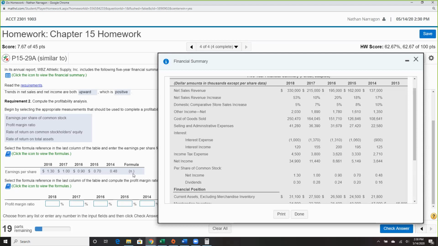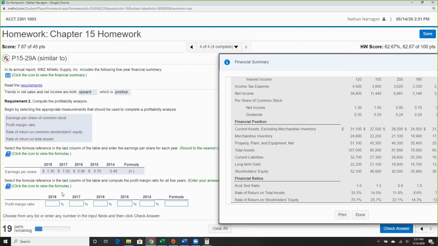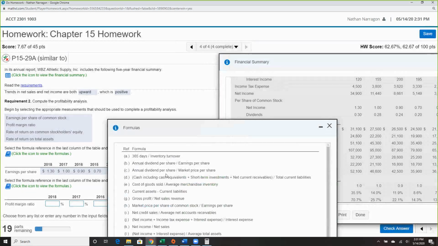Now, I don't think they did it for profit margin, but we'll find out. I don't see anything there. We already know they gave us this one. So it does look like they're going to issue out the formulas exactly how you put them in here. So, be wary. Okay.